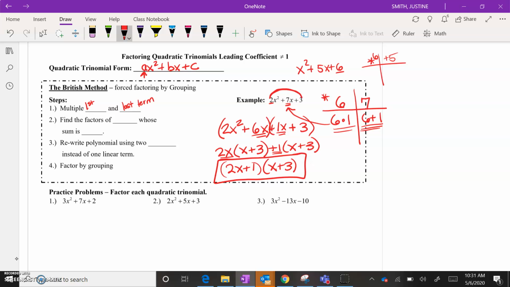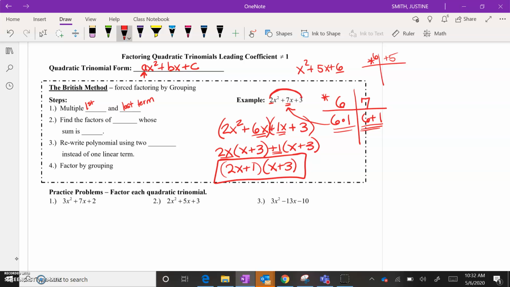Okay, so again, the first part is just recognizing that it's a tricky trinomial instead of an easy trinomial. And then the second part is knowing that you have to multiply the first and last terms and then find the factors of the product of those terms.